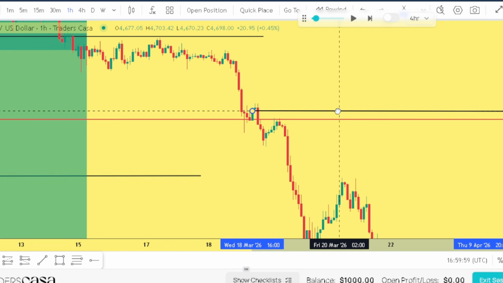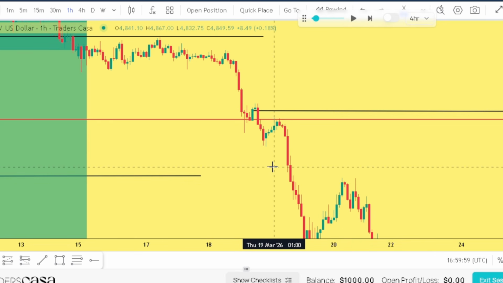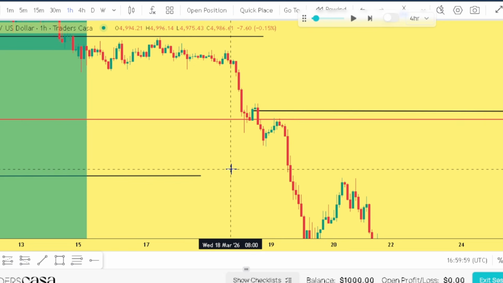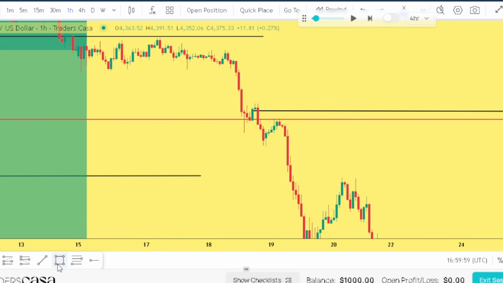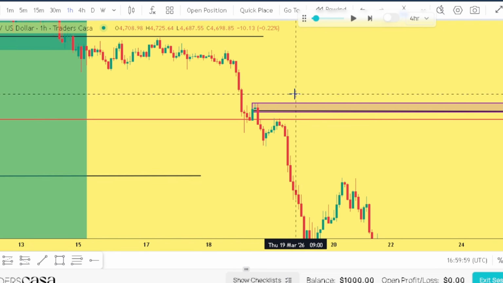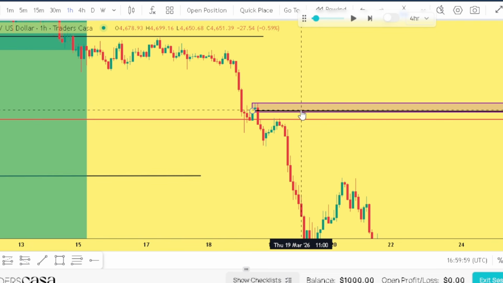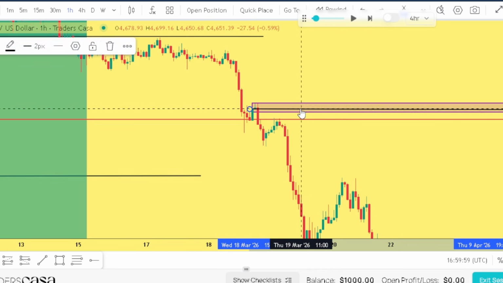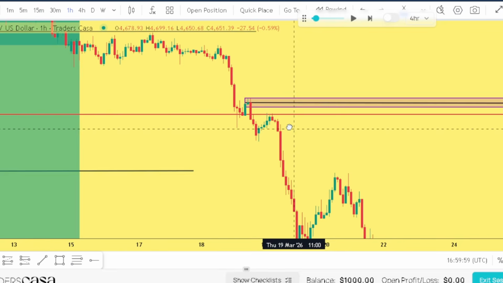When we refine that level, remember not to refine so much, because at times you might miss a trade just because you made your refinement too low on a lower time frame. So this is our order block on the 1 hour. It coincides with our 4-hour key level, and that makes this particular zone a very strong level.